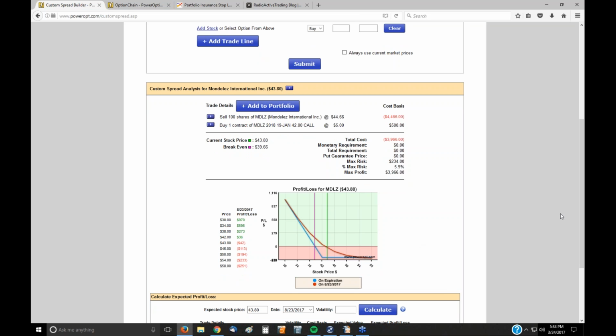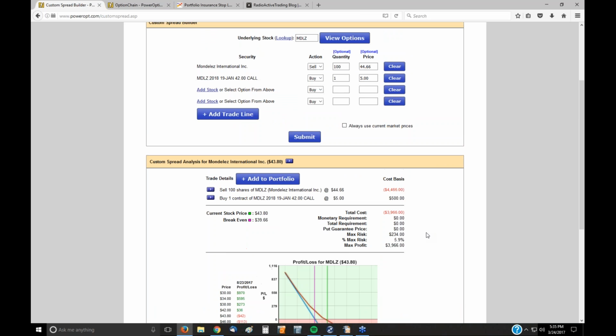And I know this is hard to explain because everyone uses different terminology on these. To me, if you said a covered short, I'd mean that you're trying to protect a short. But there is also what's called a covered put position, and that's simply the reverse of a covered call.